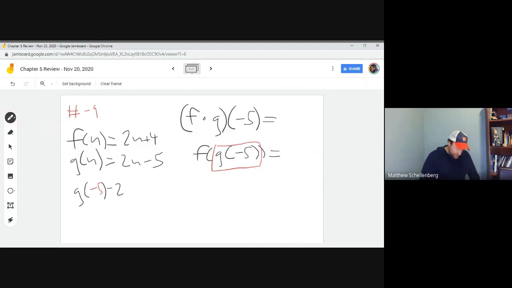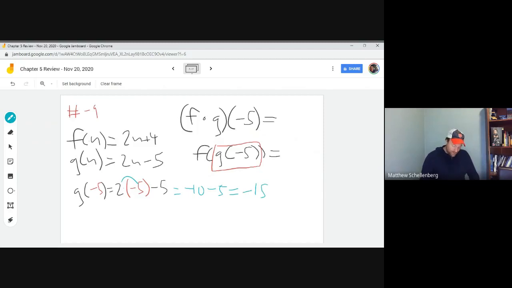So we have 2 times negative 5, right? And then minus 5 is still there. What does this equal? Well, this equals minus 10 minus 5, because 2 times minus 5 is minus 10. And so this right here equals negative 15.